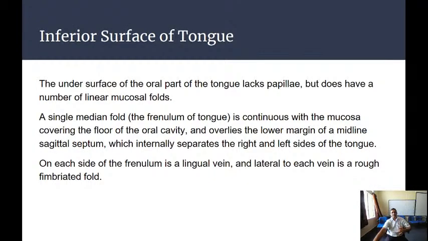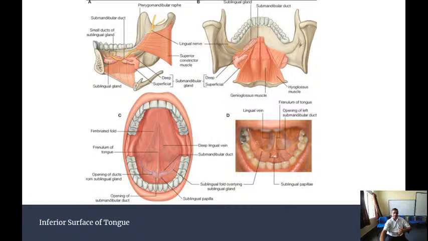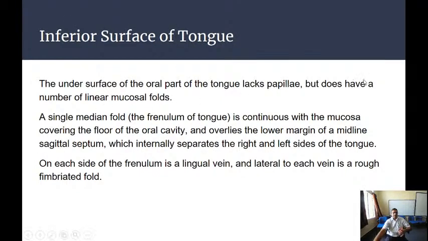Now the inferior surface of the tongue once again contains some folds, and there is a midline fold which is called the frenulum of the tongue, which is continuous with the mucosal covering of the floor of the oral cavity, and overlies the lower margin of a midline sagittal septum, which internally separates the right and left sides of the tongue.